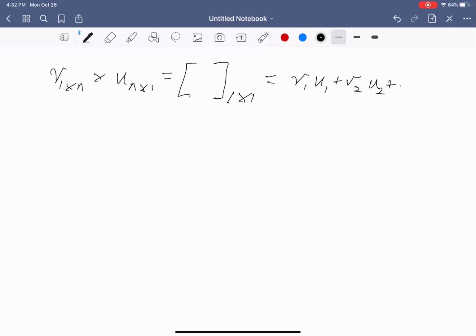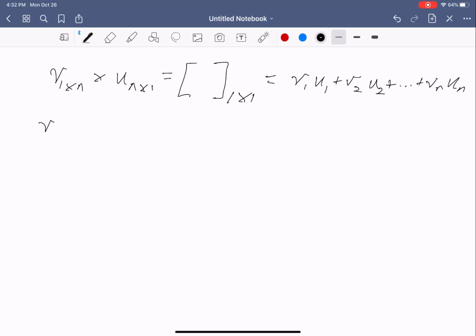Then v times u, where v is a 1 by n vector and u from the previous whiteboard is n by 1, gives us a scalar, which is 1 by 1. So it's equal to v1u1 plus v2u2 plus through vnun.